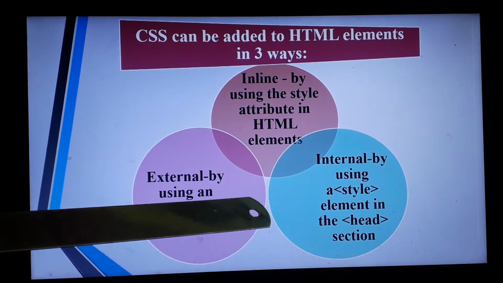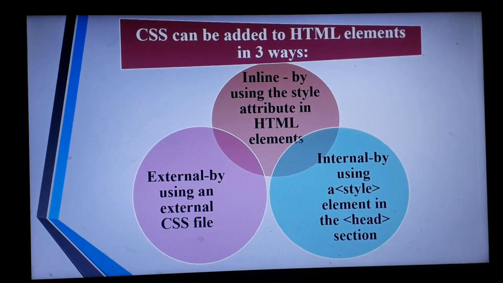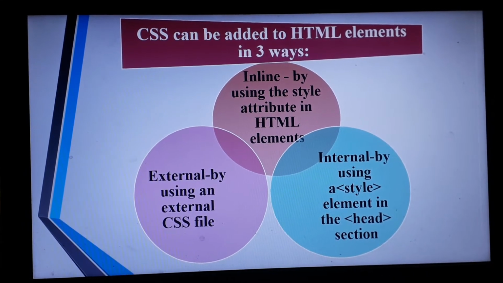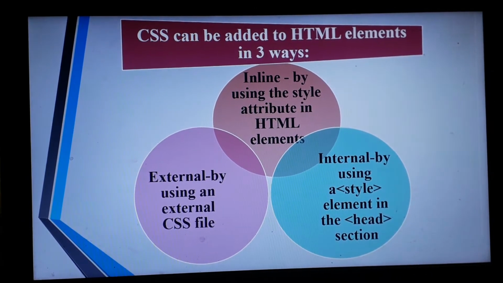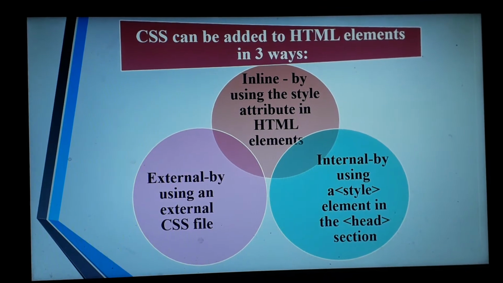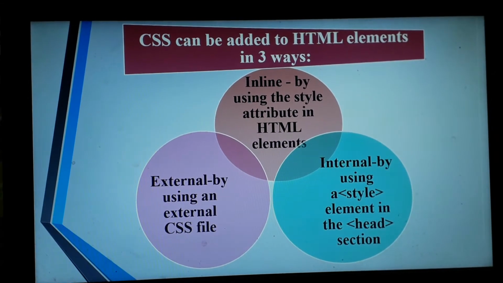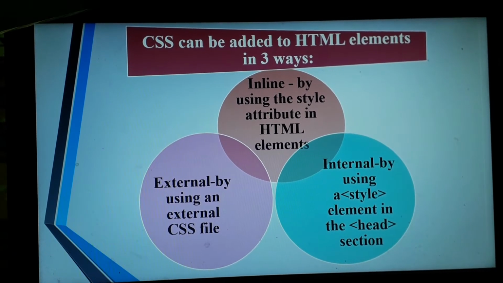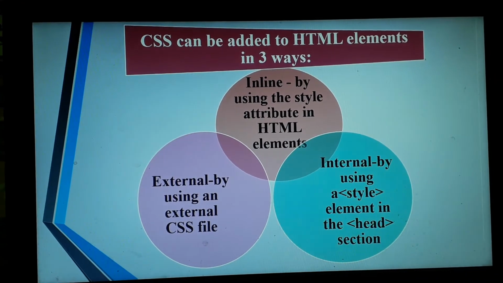Next, internal, by using a style element in the head section. So inline means using the style attribute in HTML element only, internal by using a style element in head section only, and external by using an external file. So CSS can be added in three ways: inline, external and internal.